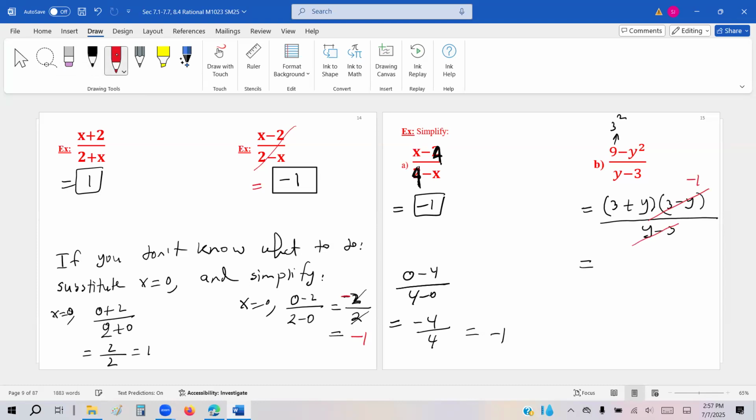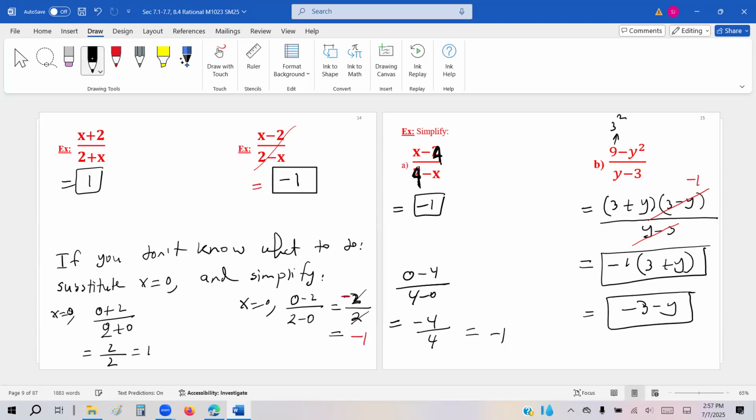Good job. Negative 1. So what's the final answer? 3 plus y. You can leave it here if you want, or you can distribute the negative and write negative 3 minus y. Both of them are correct.